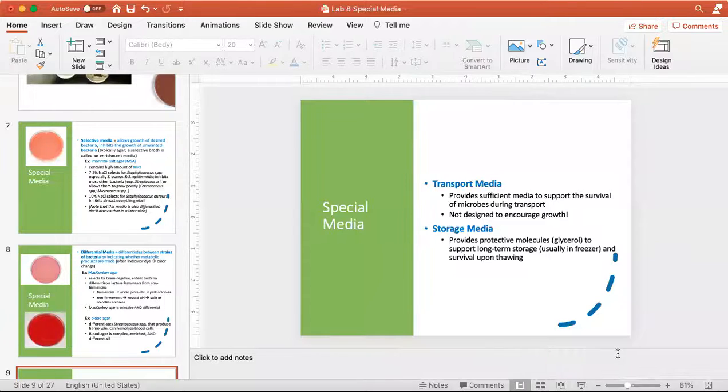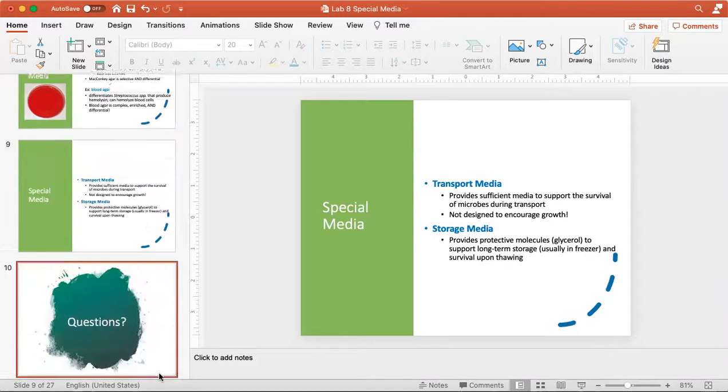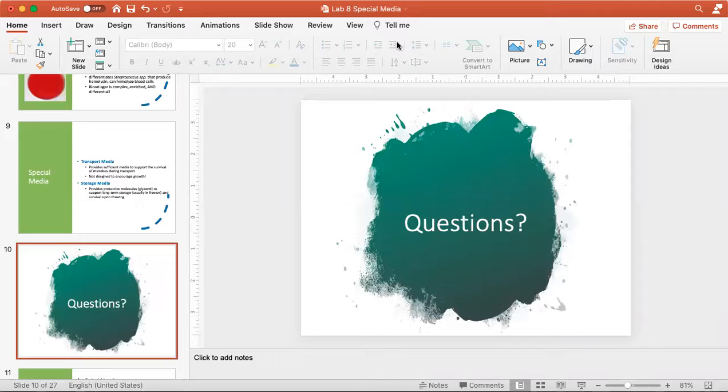Okay, so those are our 6 categories of media. Does anybody have any questions about the types of media, the difference between types of media?